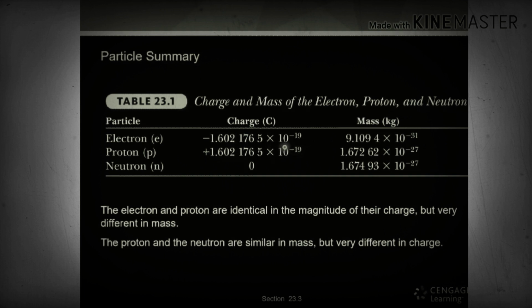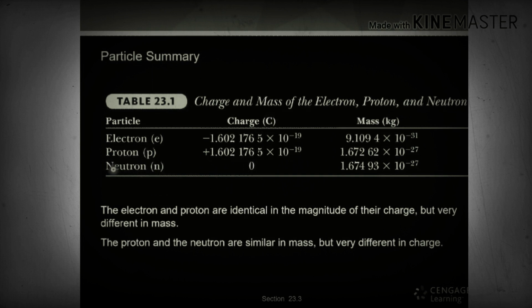But the mass of the proton is much larger than the electron. The electron is very light. The proton is about 1,000 times the mass of the electron. And for the neutron, the charge is 0.